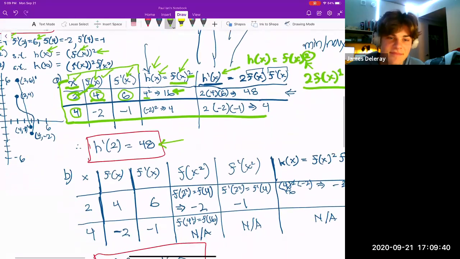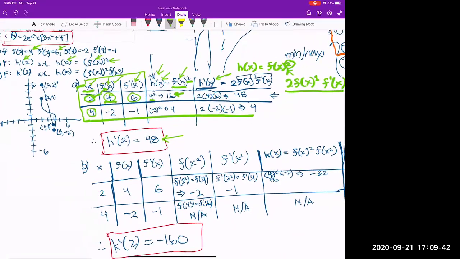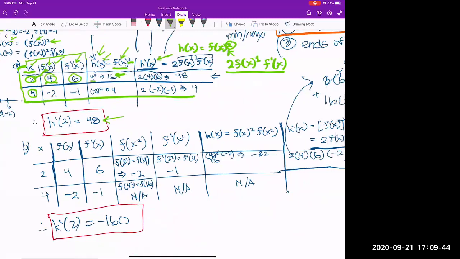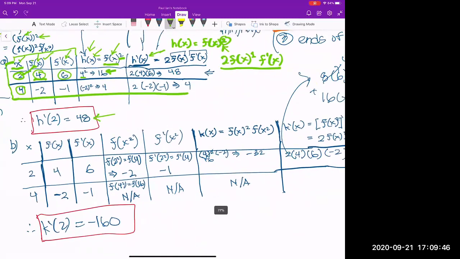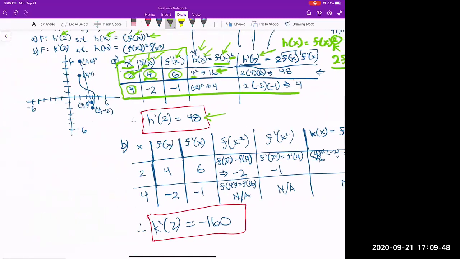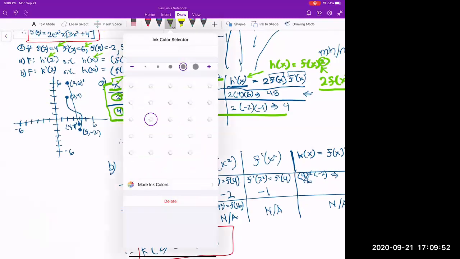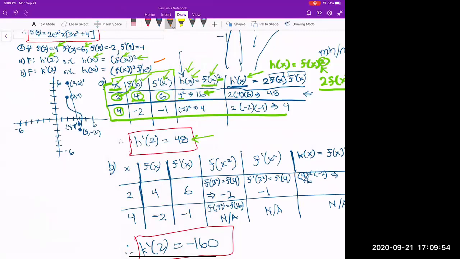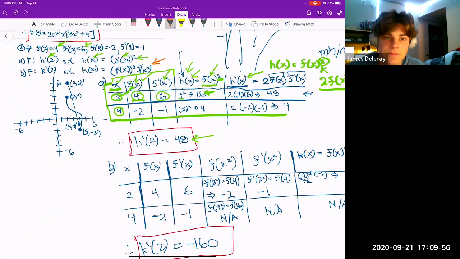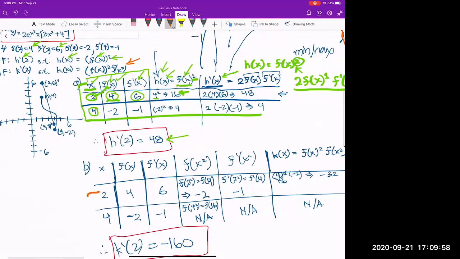Okay, let's look at the next one because this one's a tough one. Like I was looking at this, and I think you have to use both of them now.